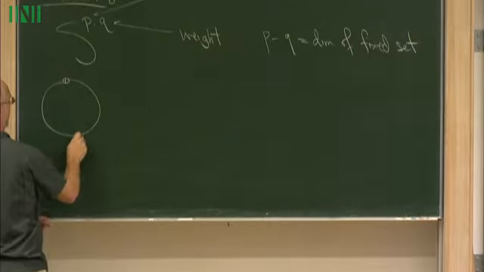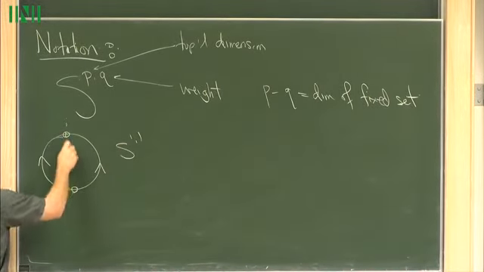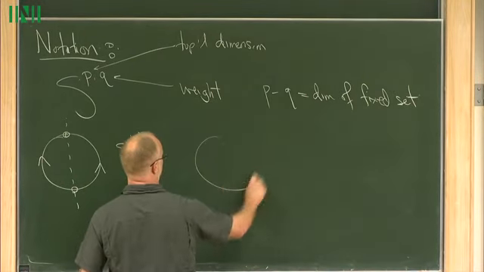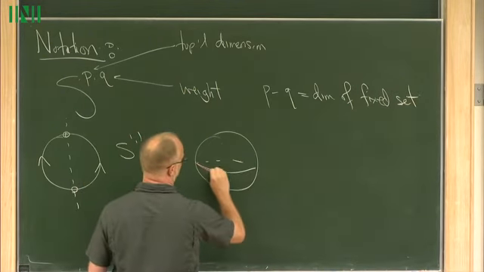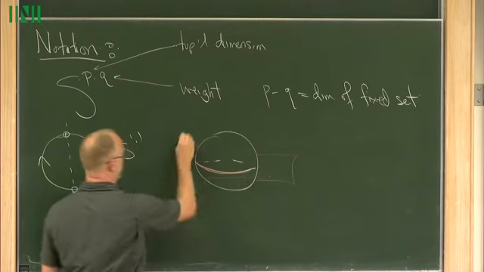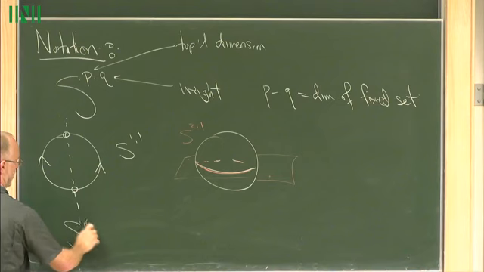The ones we'll need today, so here's S^{1,1}. Here's S^{2,1}. It's that reflecting sphere. Oh, I should say S^{1,0} is the trivial action.